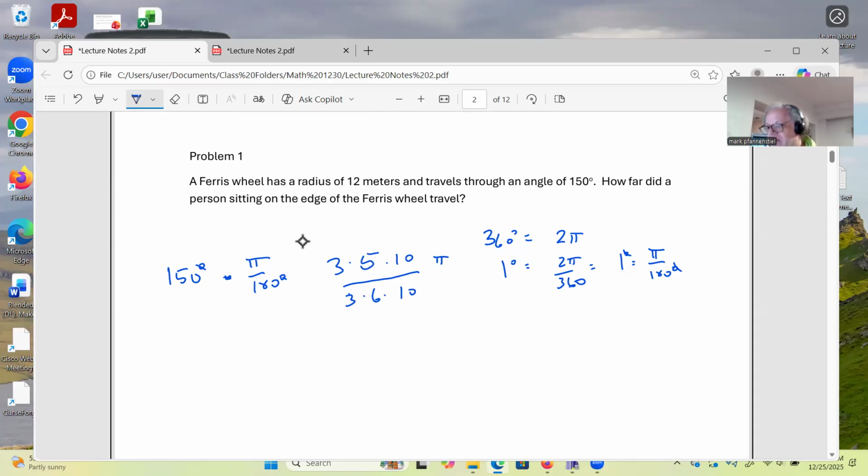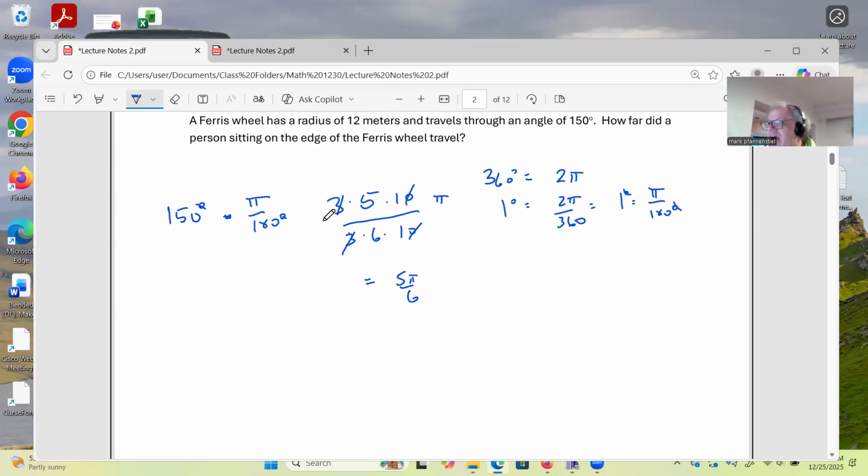We cancel the common terms: the 3's cancel, the 10's cancel, and we end up with 5 pi over 6 as our angle. So now you know that 150 degrees is 5 pi over 6.